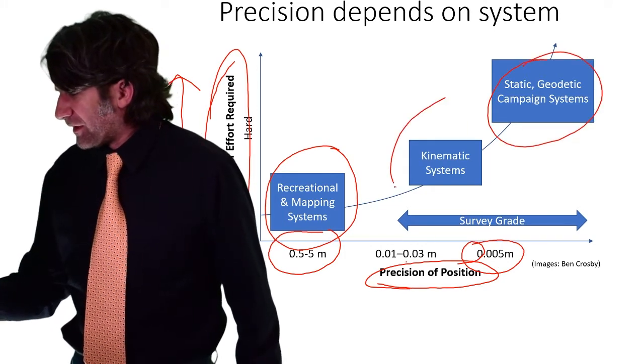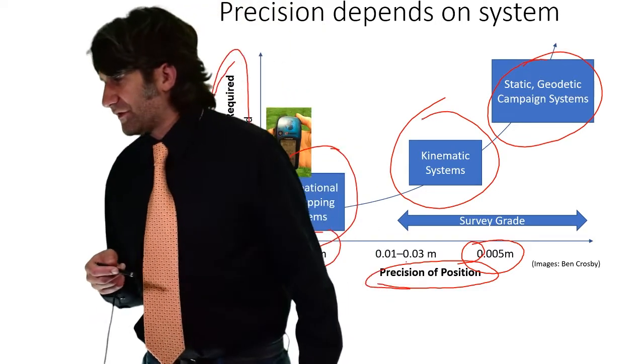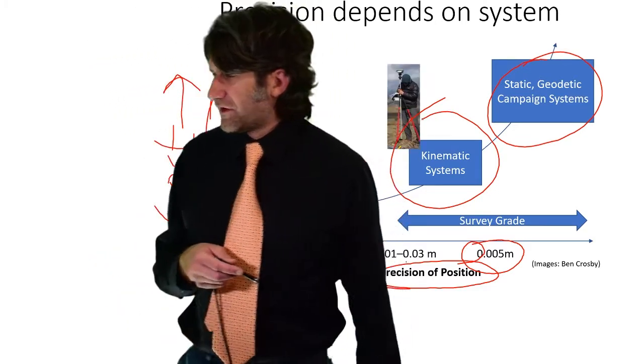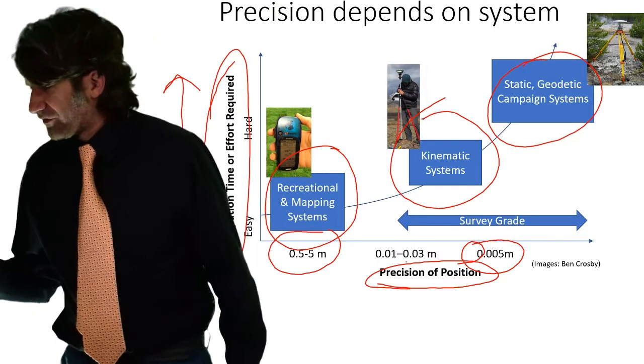So we're going to talk about these 3 different methods of collecting data for getting elevation with GPS. Okay, so there's the picture of our handheld, and then our kinematic GPS system, and then a static observation.